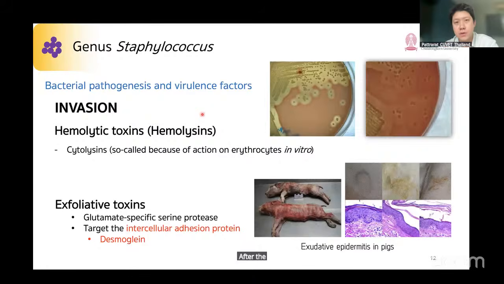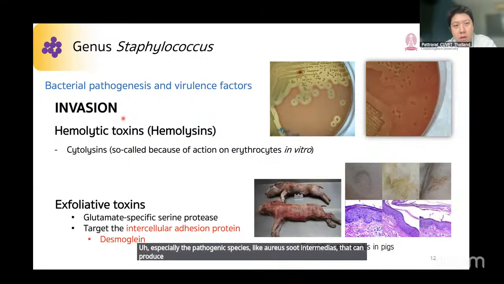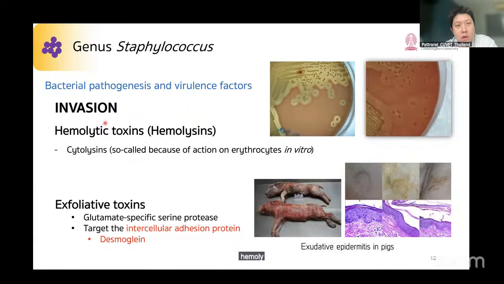After the bacteria colonize, for causing disease they need virulence factors for invasion. Staphylococcus, especially the pathogenic species like aureus and subintermedius, can produce hemolytic toxins or hemolysins. These toxins cause cell membrane damage.